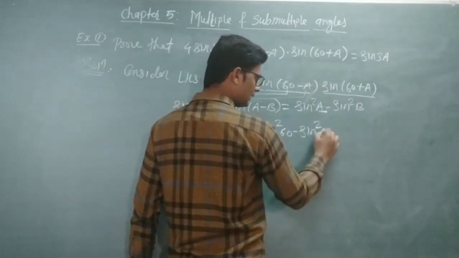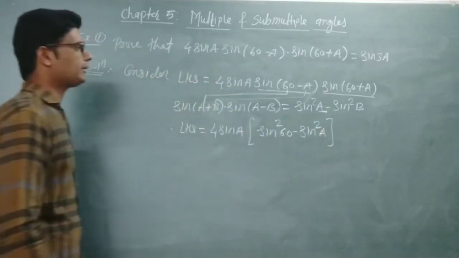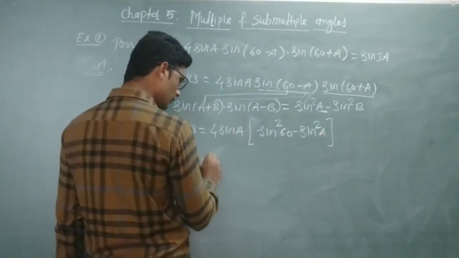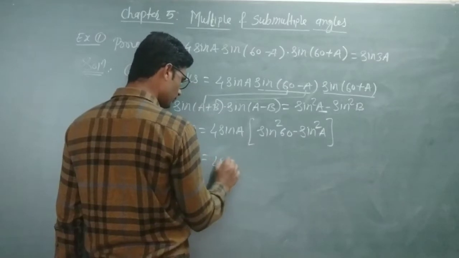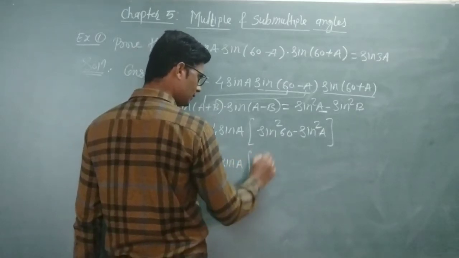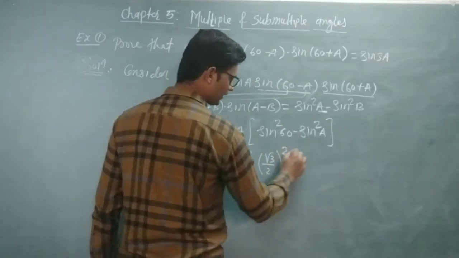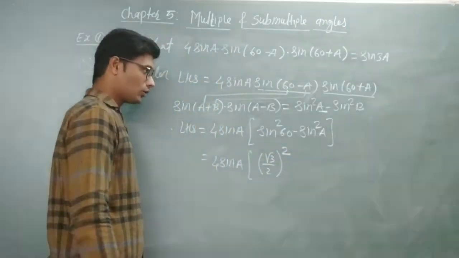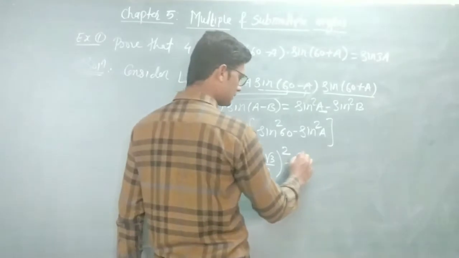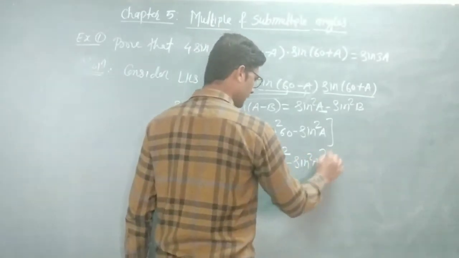B is nothing but A. So therefore this is equal to 4 sin A into, what is sin 60? Sin 60 is root 3 by 2, minus sin square A.